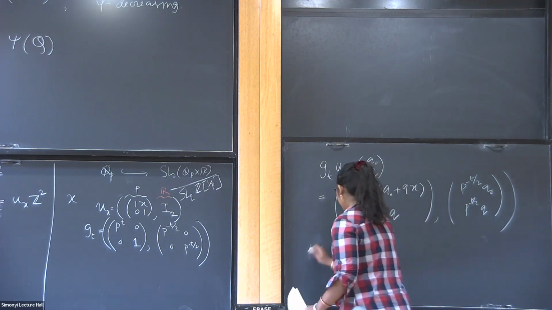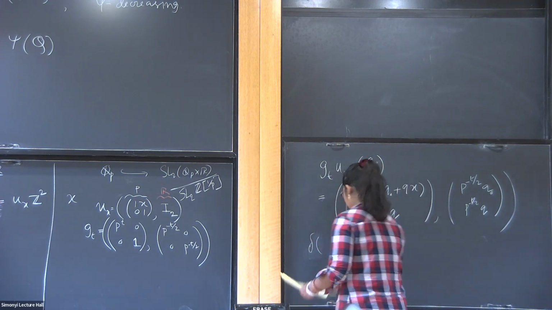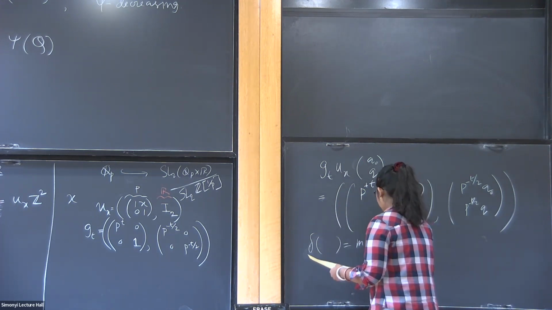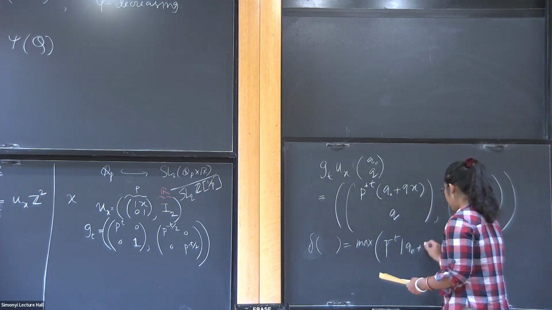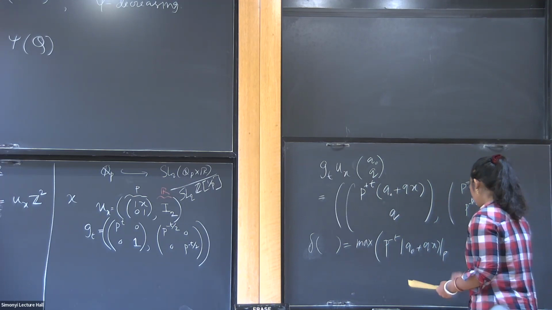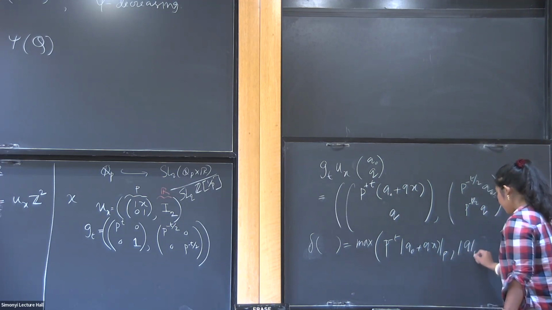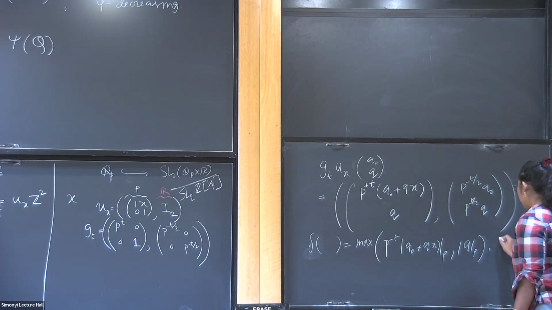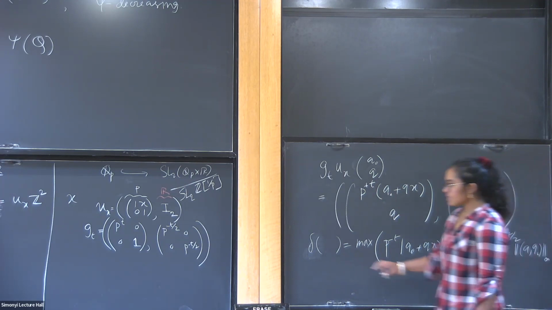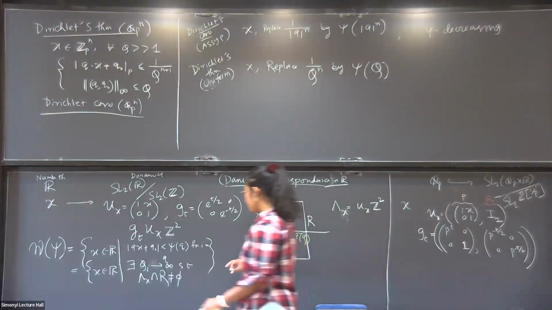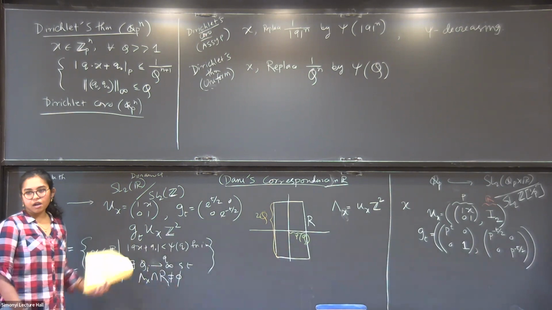So C of any typical point, delta of this, is going to be a maximum of p to the power minus t, Q naught plus Q x p, and then the p part of Q times p to the power minus t by 2, the infinity norm of 2Q naught. So this is the shortest vector, whereas in the R case it was much simpler.